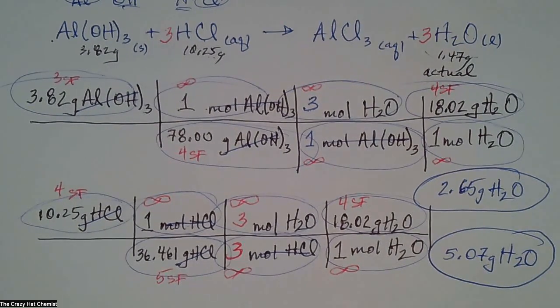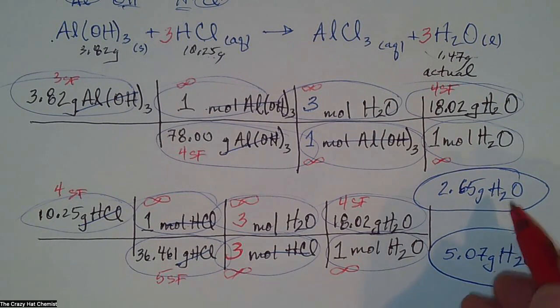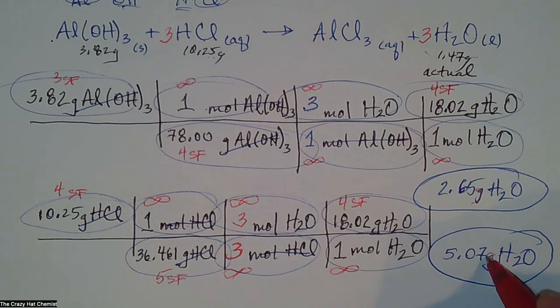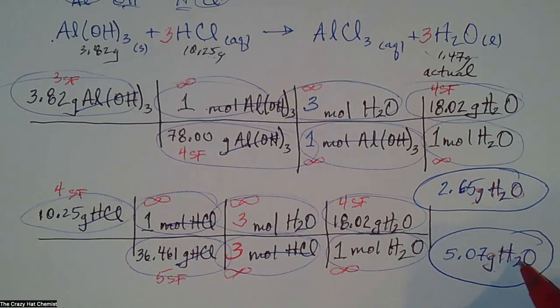Now I'm going to compare these two numbers. Why can I compare the two numbers? They have the same units of grams. They have the same formula of H2O. That's why I can compare the two numbers.